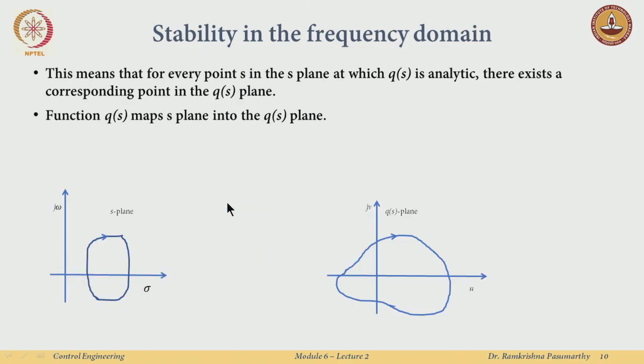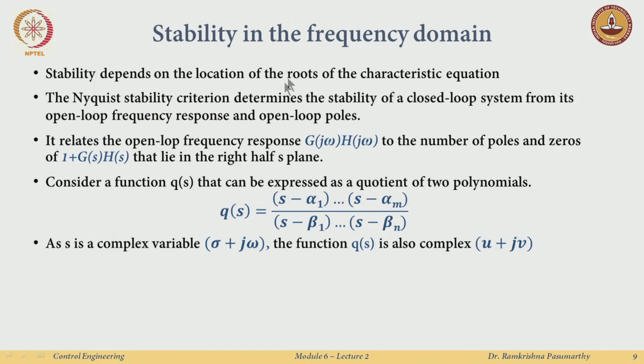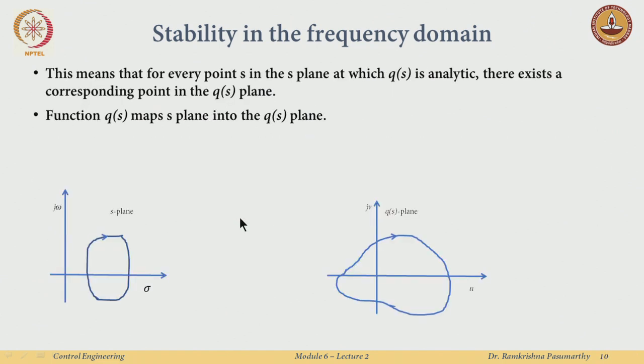So what does this mean? For every point S in the S plane, let me call this S1, there will be a corresponding point Q of S1 here, for all the points at which Q of S is analytic, where I can actually compute this.